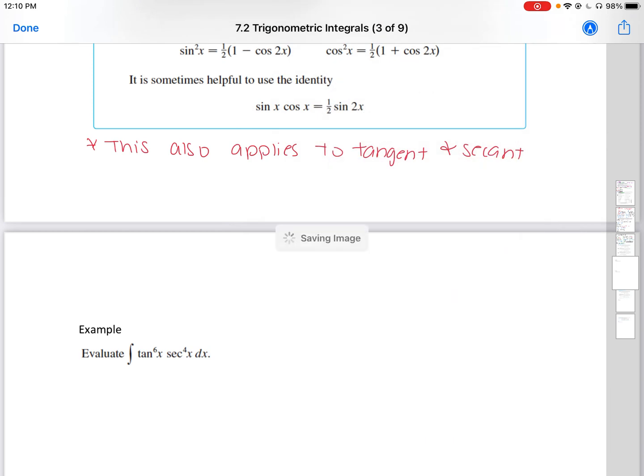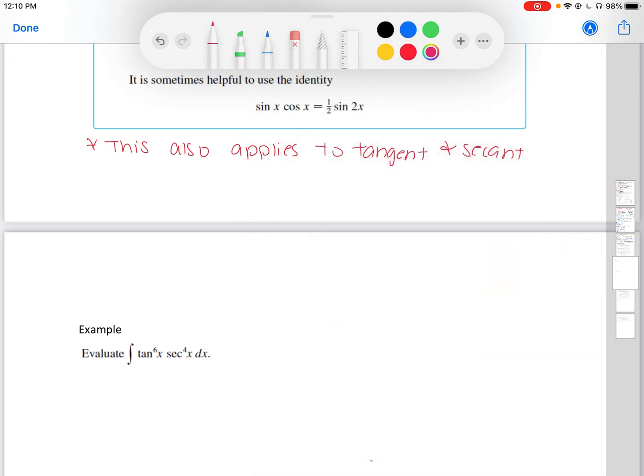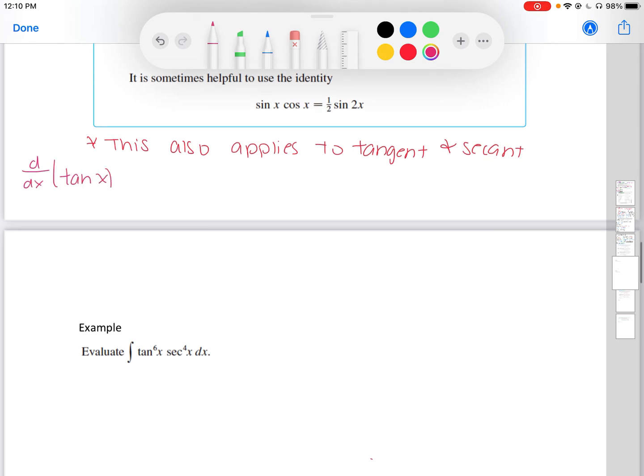So let's recall the derivative of tangent, d dx of tangent of x. These were given from your Calc 1 course, and the ones that weren't were developed in the last couple of sections.